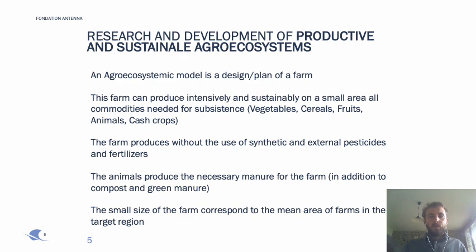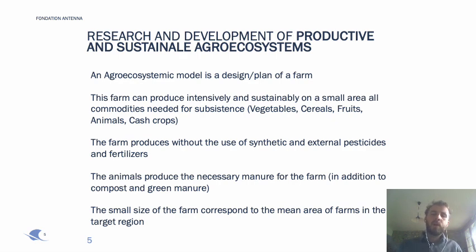So concretely, what we do is develop what we call the agroecosystemic model. So it's basically the plan, the design of a farm that can produce intensively and sustainably on a small area, usually the area corresponding to the size of the farms of the small-scale farmers we have in the target countries.